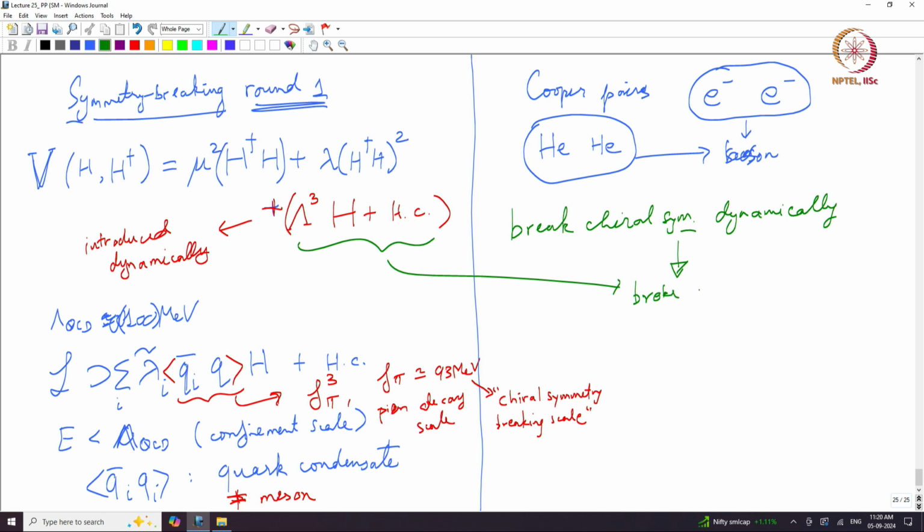And you broke the electroweak symmetry, that is SU(2) cross U(1), explicitly. Why explicitly?